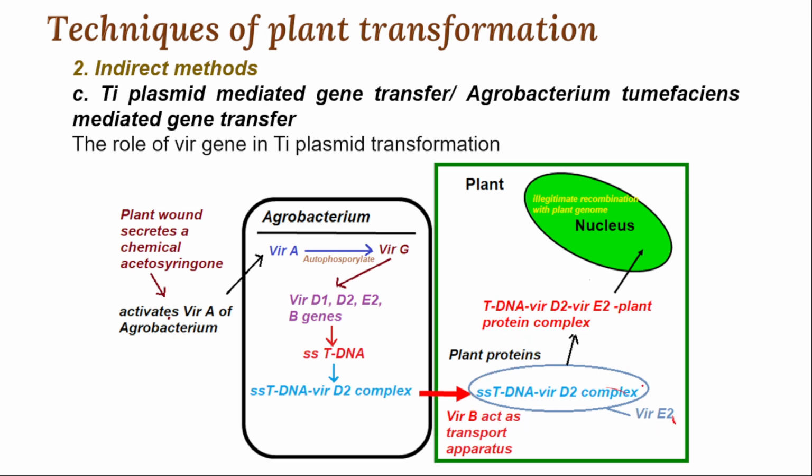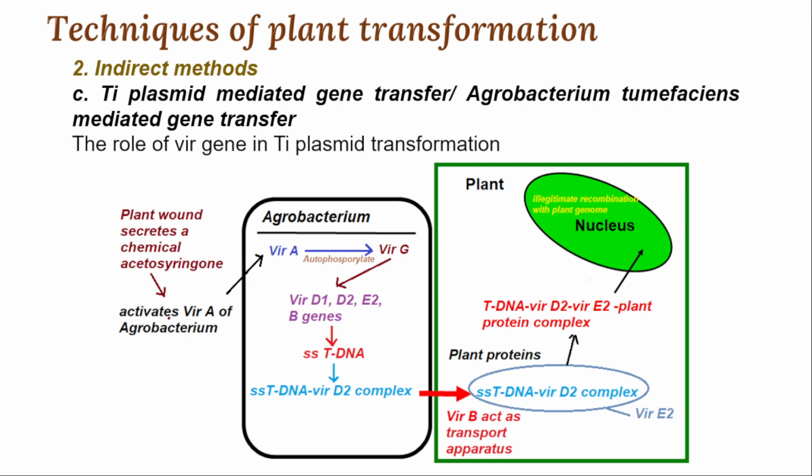So VirE binds, D2 binds, and then other protein complexes bind, and that mainly helps in the transportation of the T-DNA into the nucleus. Whenever T-DNA enters here, it will go through illegitimate recombination with the plant genome and helps in the integration of the genome in the nucleus.